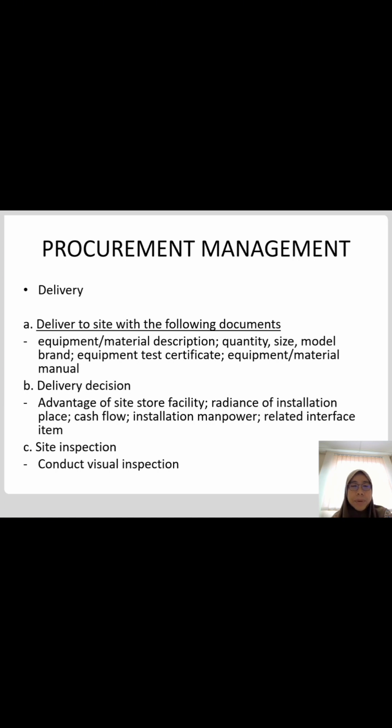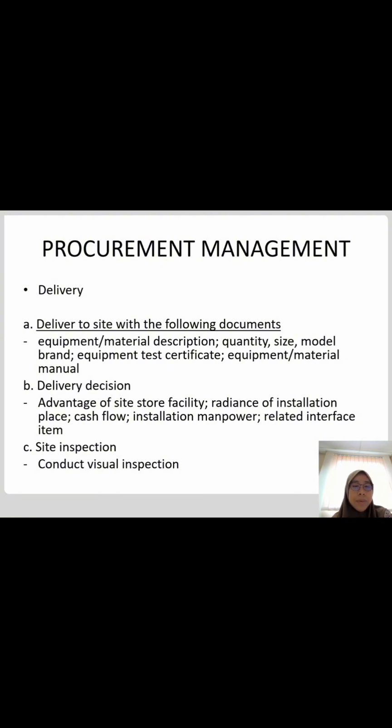In delivery process, delivery should be done to site with the following documents. First, the equipment or material description, quantity, size, model, brand, equipment test certificate, equipment or material manual.